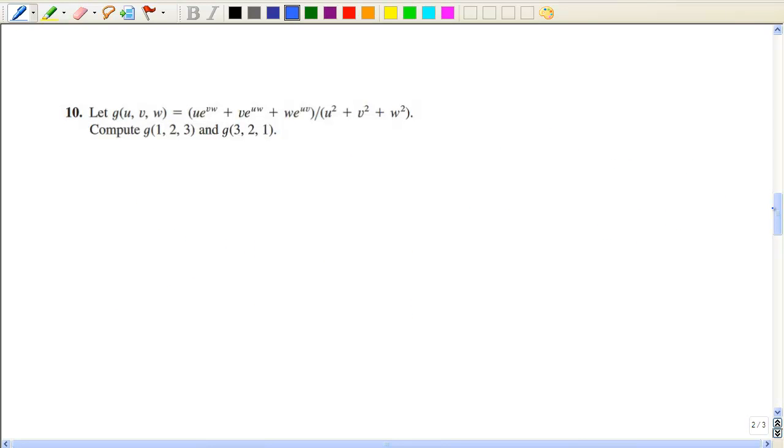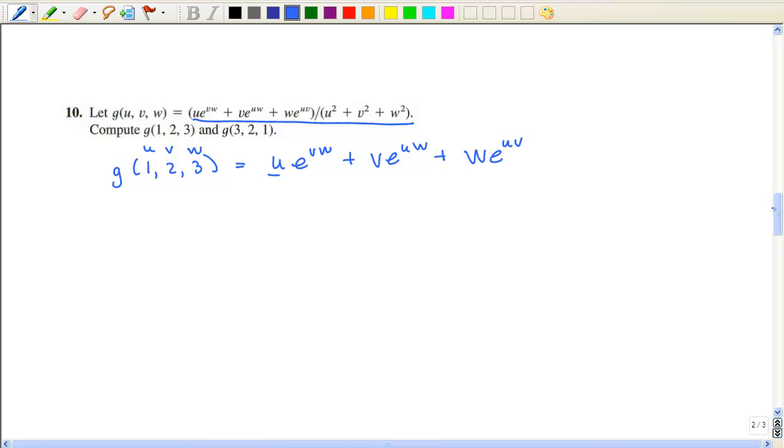Now, this is really going to add a fourth dimension, which is kind of weird. But again, it's just practice on evaluating such functions. So we're going to evaluate this function at 1, 2, and 3. So in this case, this is going to be u, v, and w. All right, here is our function. Wow. All right, so let's see. We have u. I'm just rewriting this. And that's all divided by u squared plus v squared plus w squared. All right, so everywhere there's a u, we're going to put in a 1.